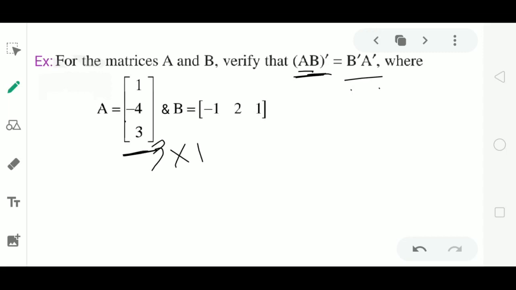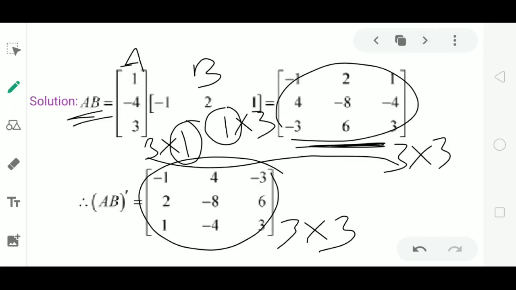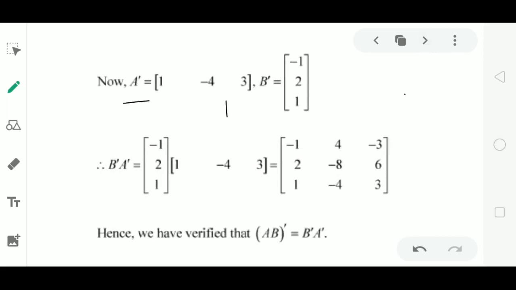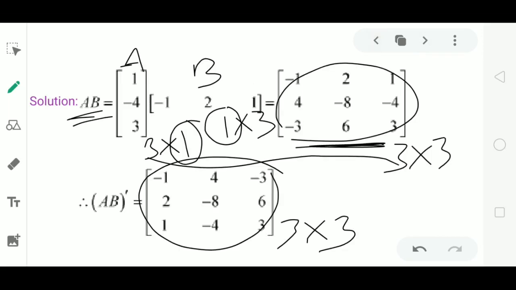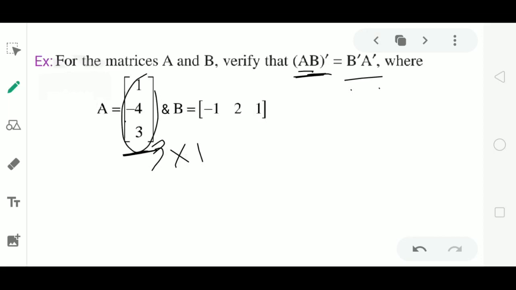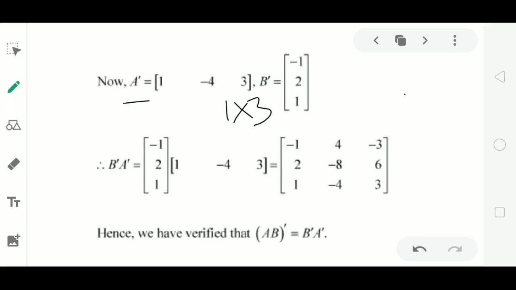Then its transpose A dash will be of order 1 by 3, a matrix of order 1 row 3 column. The elements of the column of A are written as the elements of the row of A dash. This is the matrix A dash.